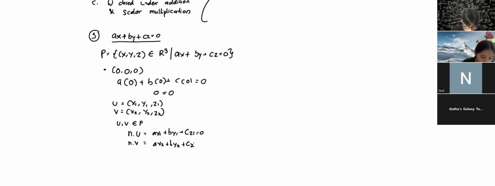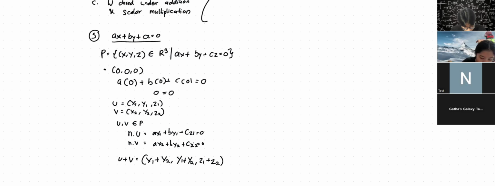Okay, this operation we can actually write U plus V, which is the addition, (x1 plus x2, y1 plus y2, z1 plus z2).